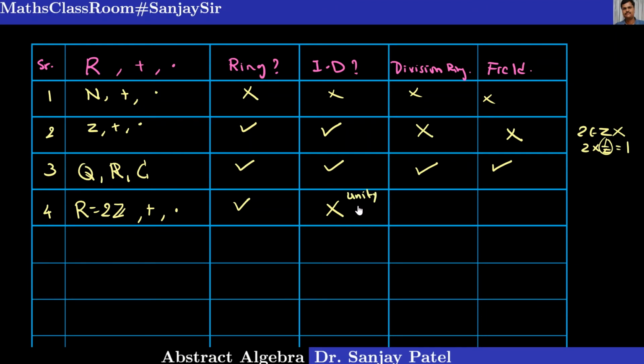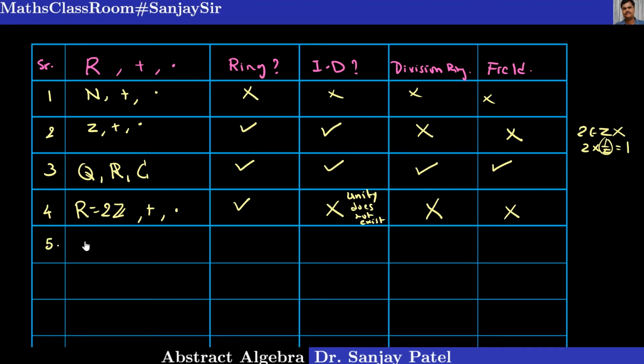Since it does not have a unity element, it cannot be a division ring and it cannot be a field also, because in the division ring and field definitions, it must have a unity element. So no need to check anything else.